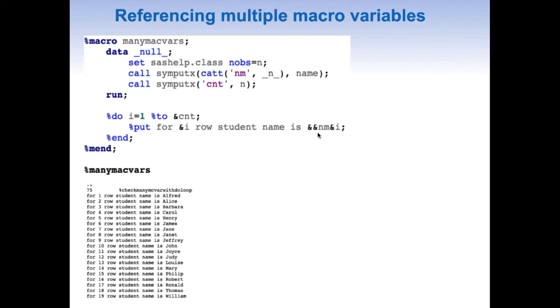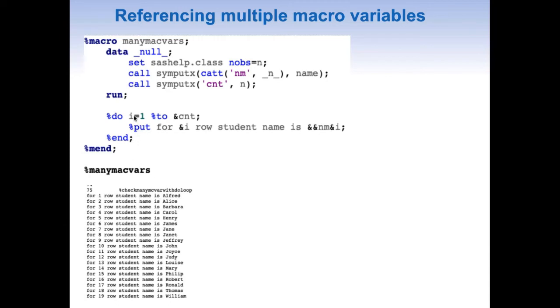Here, in &&nm&i, the two ampersands become one ampersand in the first pass, and &i will become 1 in the first iteration. So now we are accessing &nm1 and its value is Alfred. That is what we see in the log.